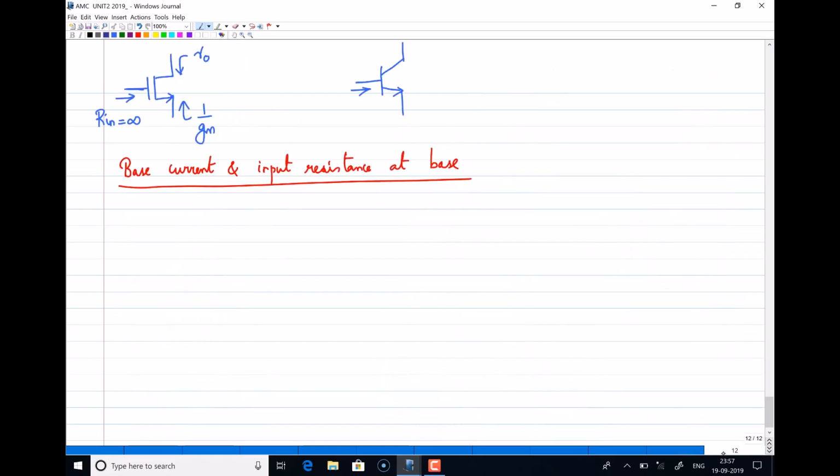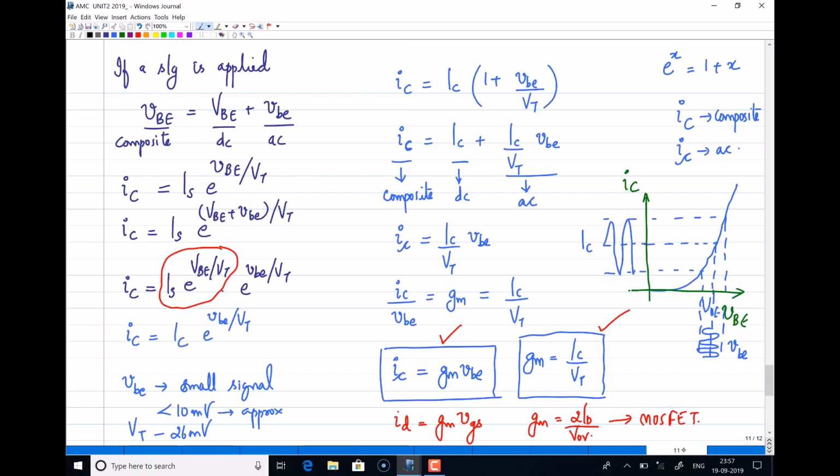Now, if I know the composite collector current, I can write the composite base current IB. IB can be written as the collector current divided by beta, IC by beta. Now what is this composite collector current that I have written here? It is approximated and written as this.